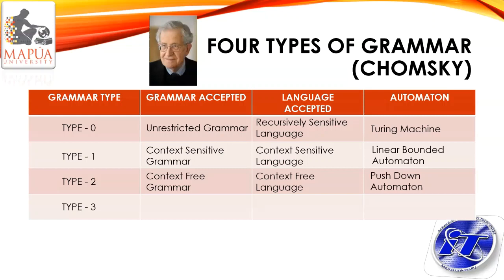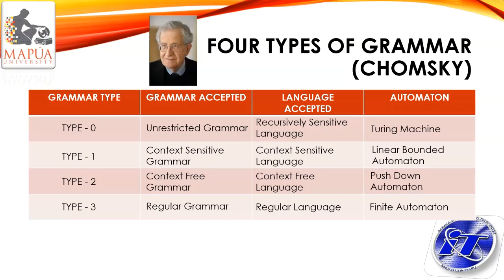And type 3, which we already discussed in module 1 and module 2, is the regular grammar. The accepted language is the regular language, and this is being accepted by the machine which we call the finite automaton. So type 3, regular grammar, which we already discussed.